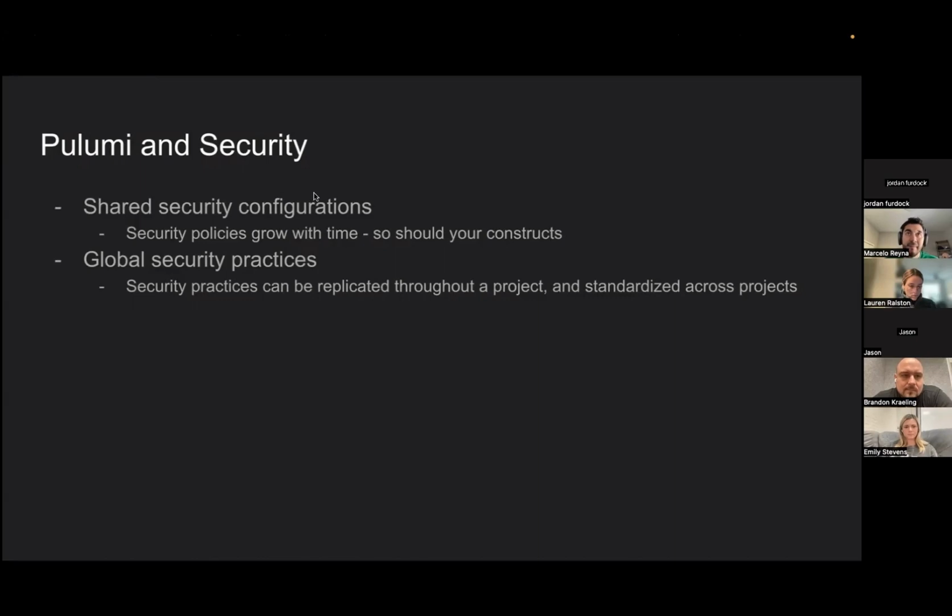And that can be logging. How do you configure logging such that PII isn't reflected in that logging, for example? So the idea here is we could create constructs that are secure, and then we can also create policies that are secured.